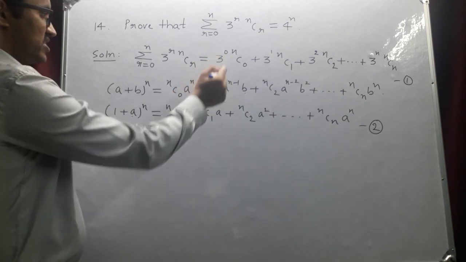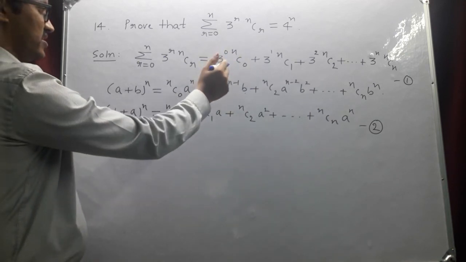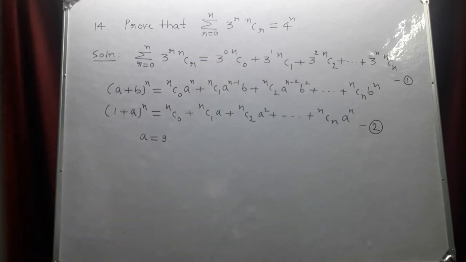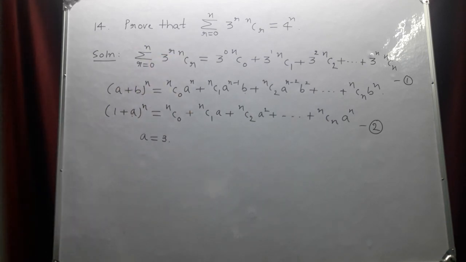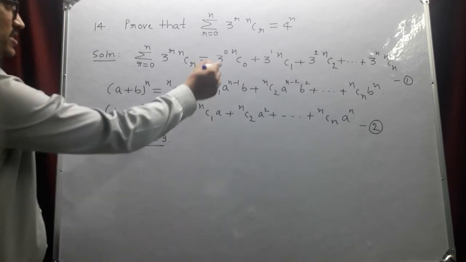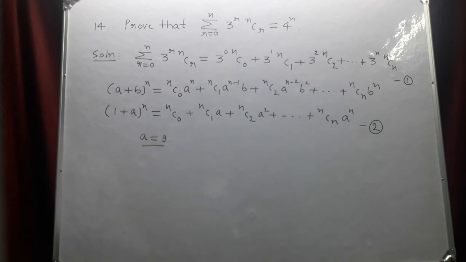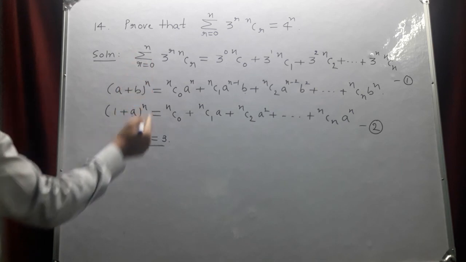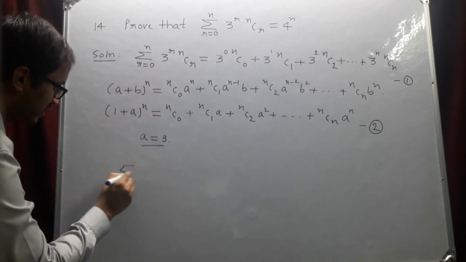If the RHS of equation 1 and 2 are the same, we can conclude the LHS is also the same. So when a is equal to 3, these two are equal. So substitute a is equal to 3. What can we write?